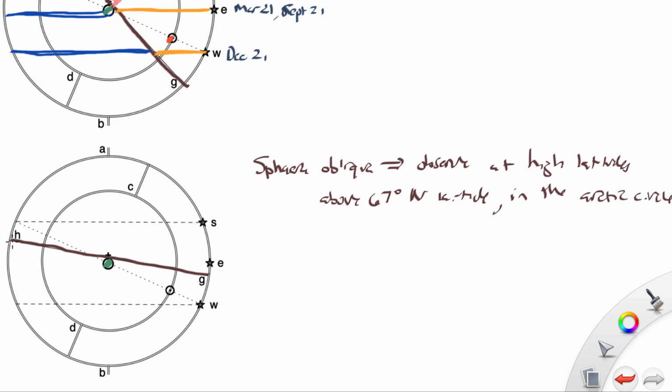So their horizon line is getting closer and closer to being horizontal, okay? And in particular, notice that the horizon line here is actually above the point on the celestial sphere where the sun would have appeared on the winter solstice.